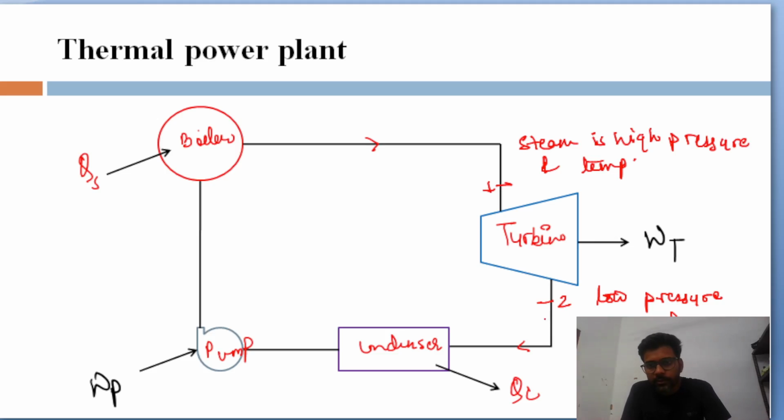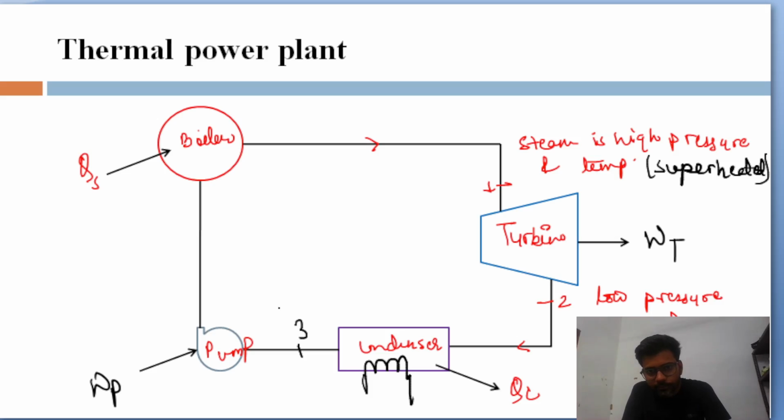After the turbine it goes to a condenser, where the steam condenses. Here the steam is saturated, whereas it entered the turbine superheated. Here there is a mixture of vapor plus water, and it condenses and is a saturated liquid at this point.